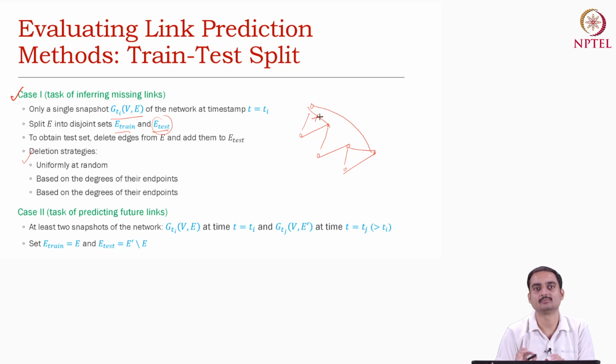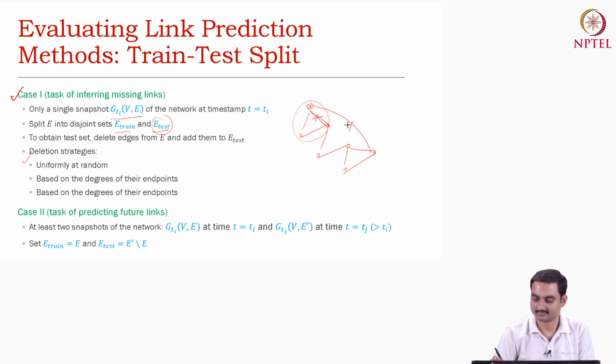This edge is very easy to predict, because these two nodes are part of a cluster, a triangle. Due to the transitivity property, it is highly likely that these two nodes will also be connected. This edge is easy to predict.